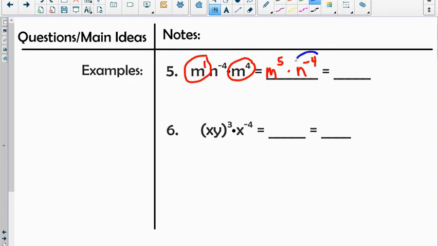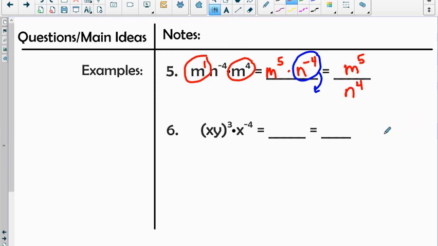So my next step would be to simplify the negative power. So I flip the positive and I leave m to the 5th power in the numerator, but I move the n to the denominator and make the exponent positive. My final answer would be m to the 5th power over n to the 4th power.